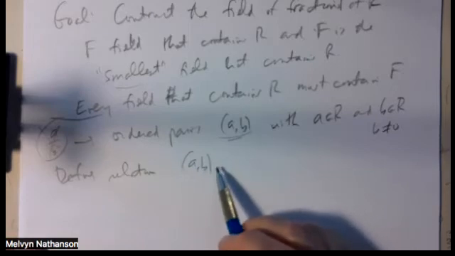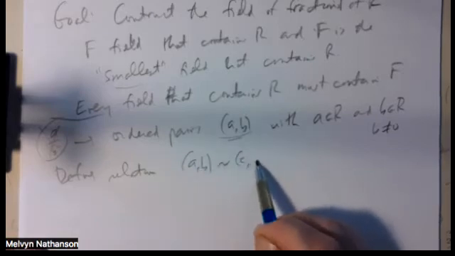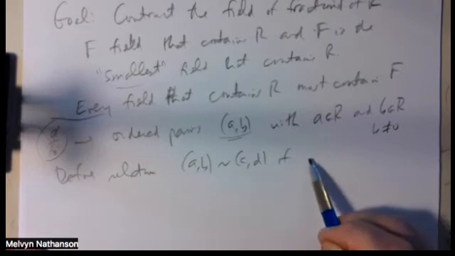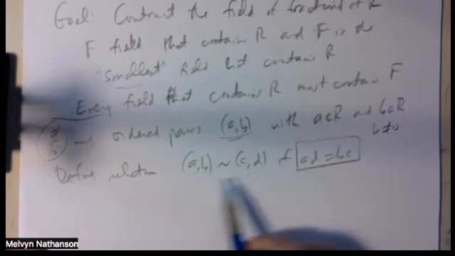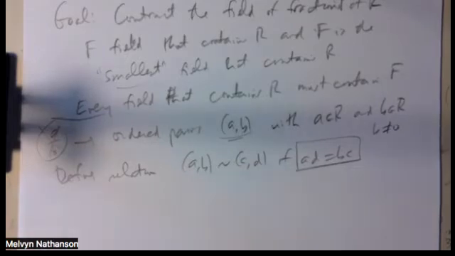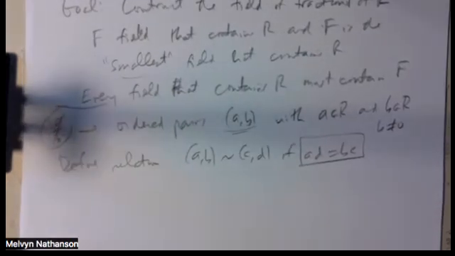We'll say A comma B is equivalent to C comma D if AD equals BC. So this is a relation on ordered pairs of elements of the ring.